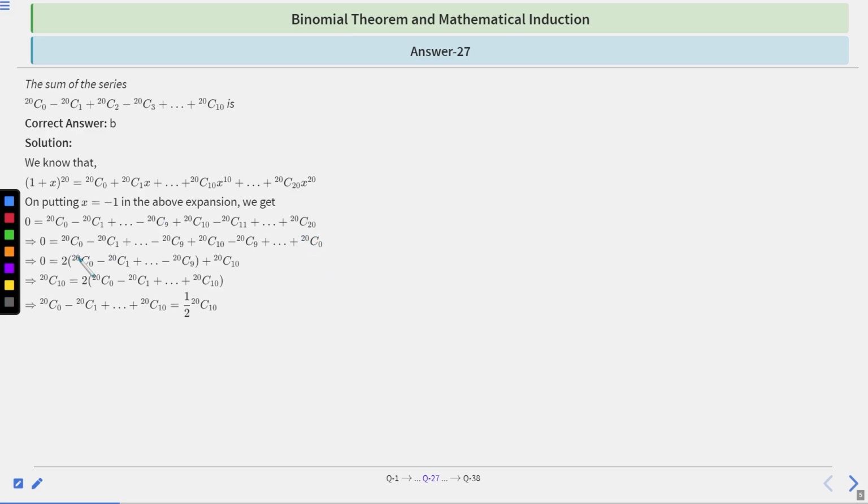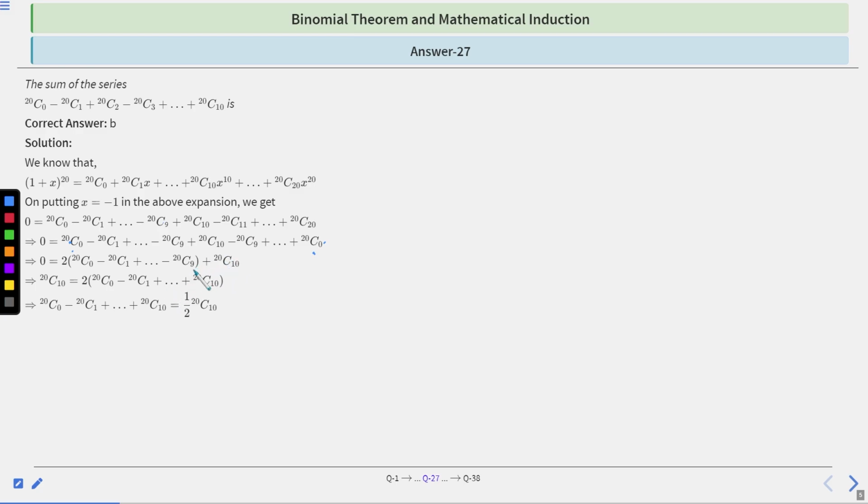Clear? Now 0 is equal to, let's see, 20C0 and 20C0 will be added, right? Minus 20C1 and minus 20C1 is added, right? So it is 2 times everything. Let's take 2 common. 2 times 20C0 minus 20C1 plus 20C2 till minus 20C9, and 20C10 will be out of this.